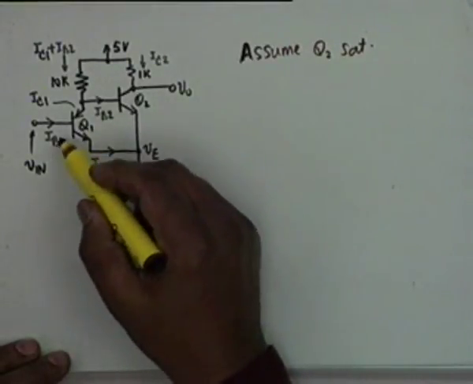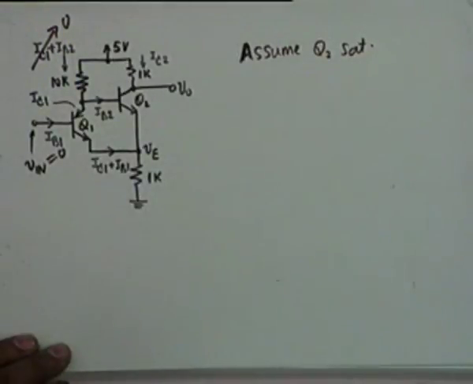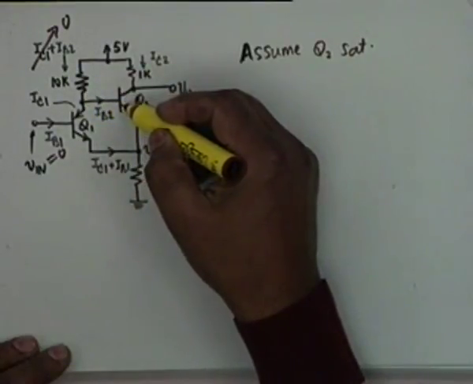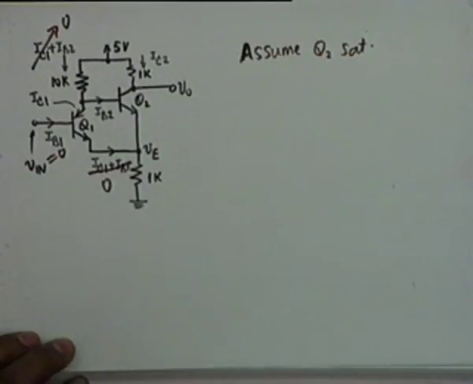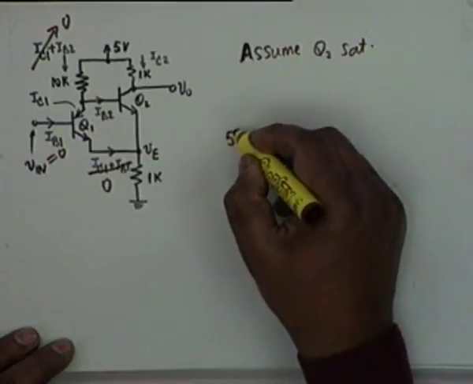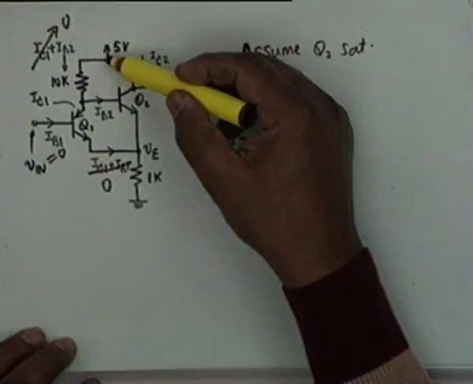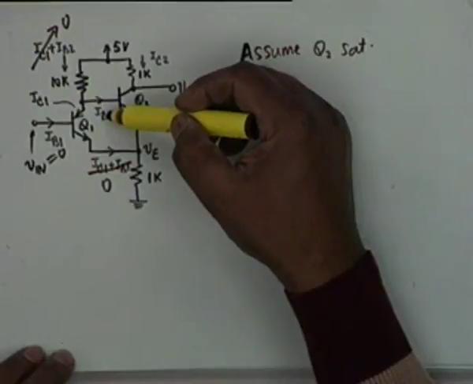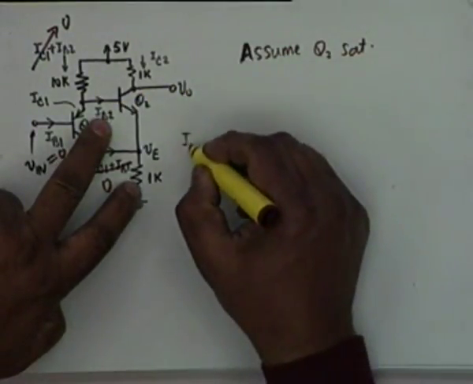IB1 is 0, therefore IC1 is 0, right? Therefore it is only IB2 which comes like this. This is totally 0, okay? So this is the 5 volt. I want to find out what is IB2 first.